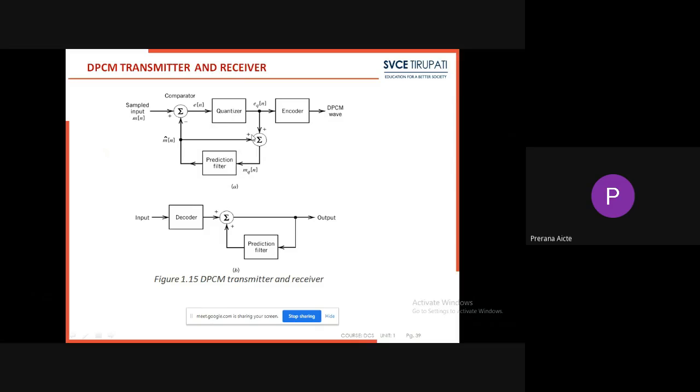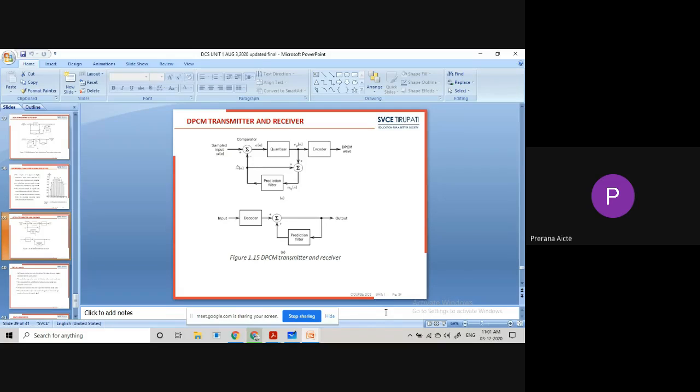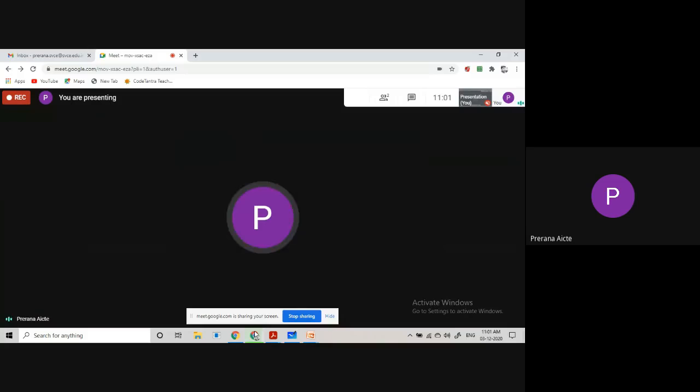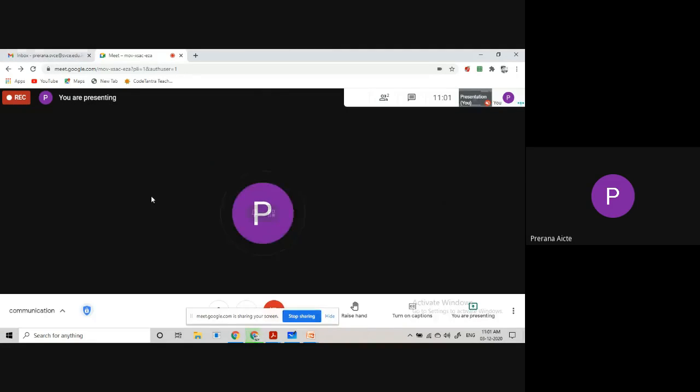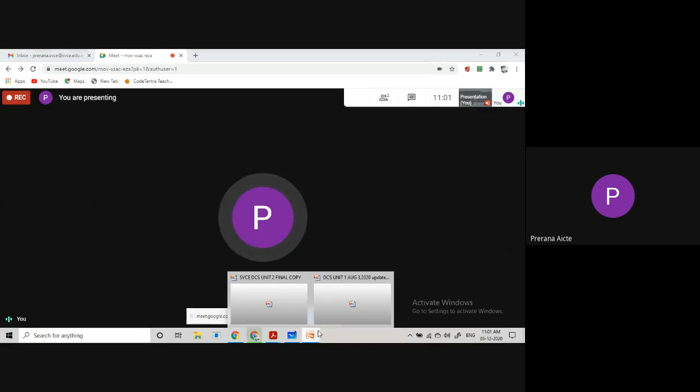Then this error signal is applied to the quantizer. The quantizer output is given to the encoder, and it is again given as input to the prediction filter, so that we can get the samples equally at the right time.